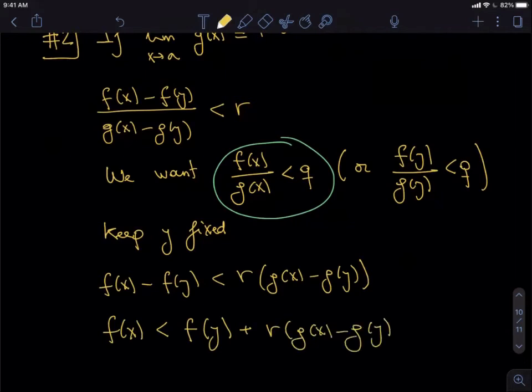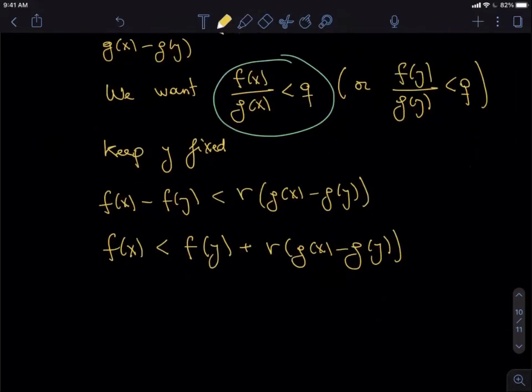And we get this inequality, f(x) less than f(y) plus r times (g(x) minus g(y)). But remember, we want to be able to say something about the quotient f(x) divided by g(x).